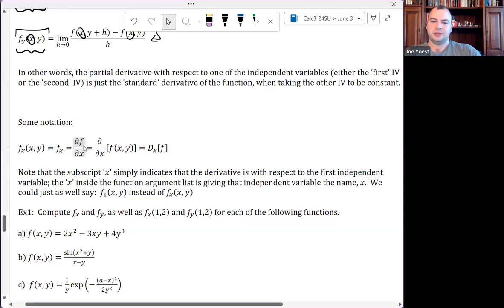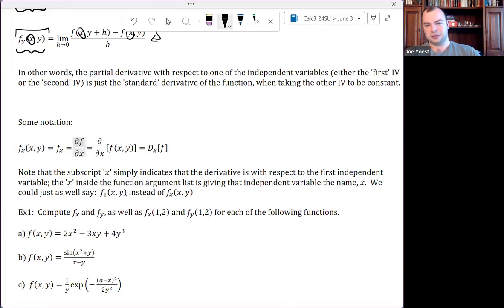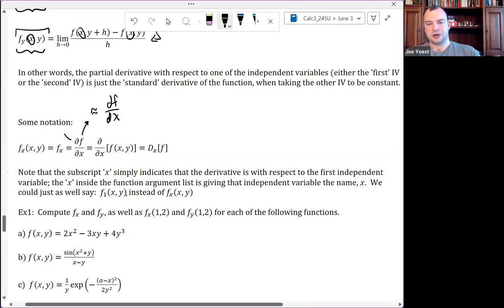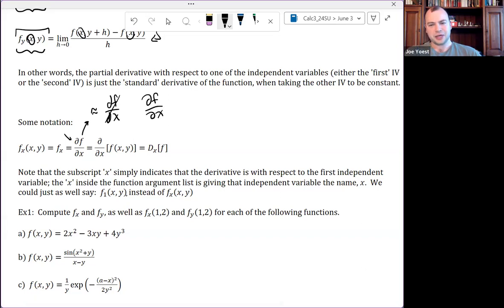We have this notation that looks kind of similar to df dx, but note that it's a curly d. It's not df dx, it's curly df curly x. It's usually said "partial f partial x", but these are curly d's.